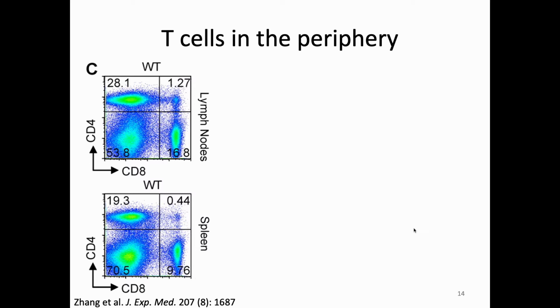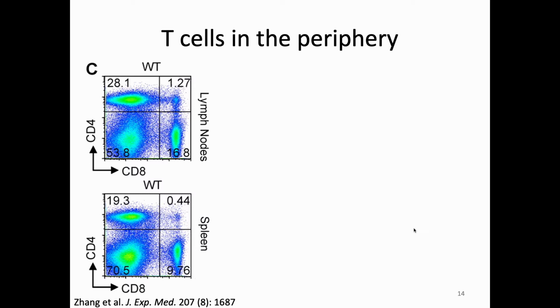Much of what we have learned, and much of the way that we have learned about T cell development, is to look at mice that have different kinds of fancy genetics and then check to see what happens.